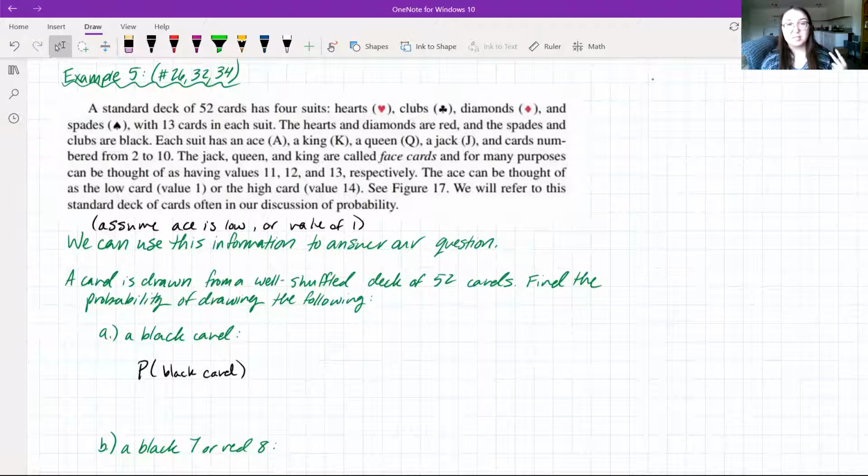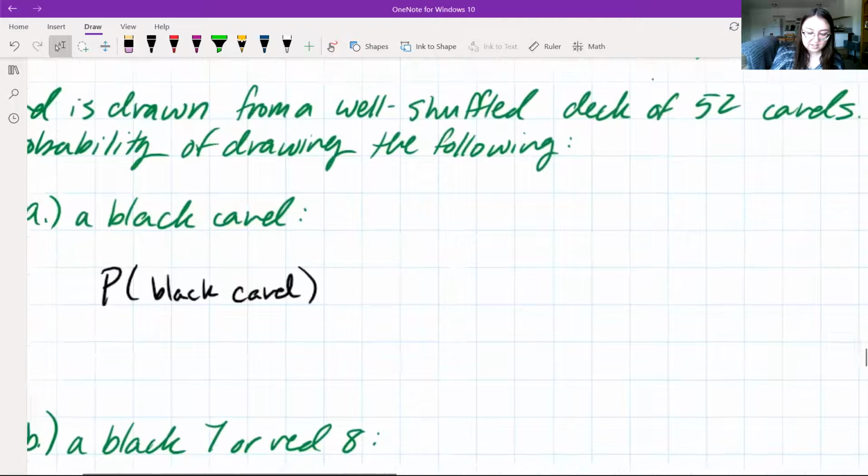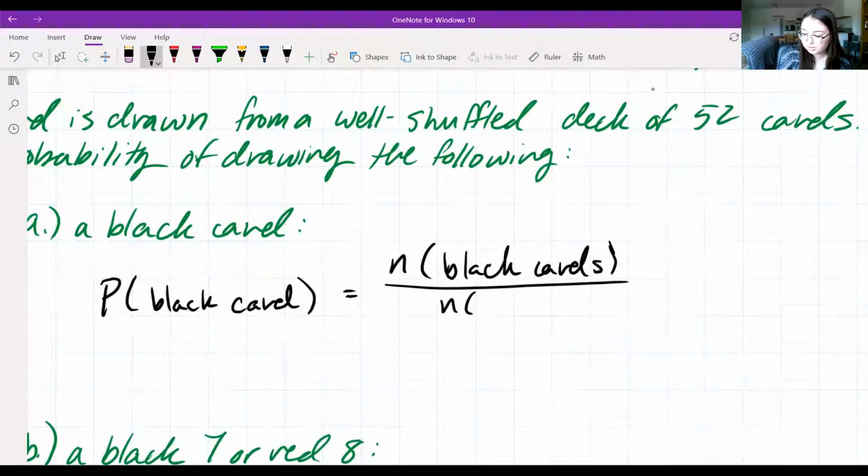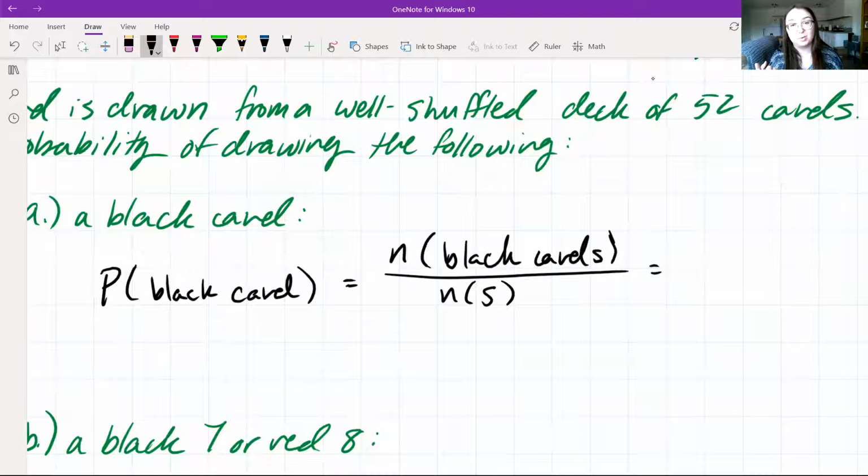Each suit contains 13 cards, so all we have to do is multiply 13 by 2. So the probability that we get a black card is going to be n, the number of all black cards, divided by our sample size, which is going to be 52.